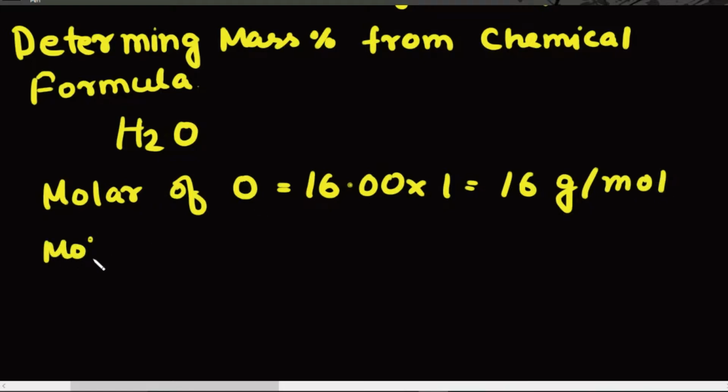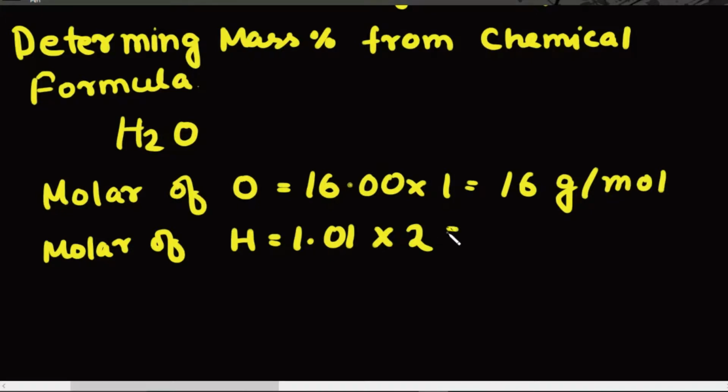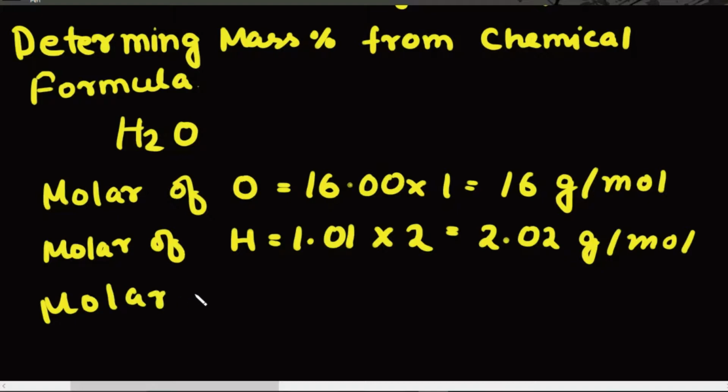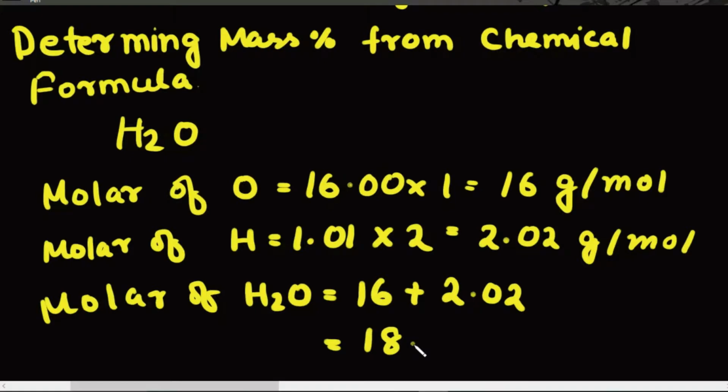Next, molar mass of hydrogen is equal to 1.01 into 2, since there are two hydrogen atoms in the compound, that is equal to 2.02 gram per mole. And molar mass of the H2O molecule, that is the compound, is equal to the sum of the molar mass of oxygen as well as of the hydrogen atoms, that is equal to 18.02 gram per mole.